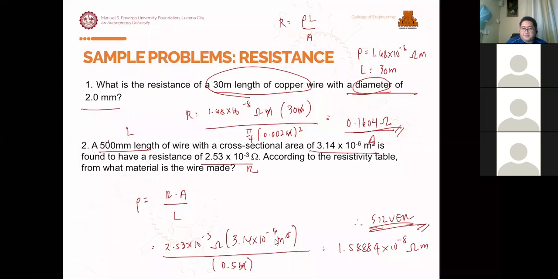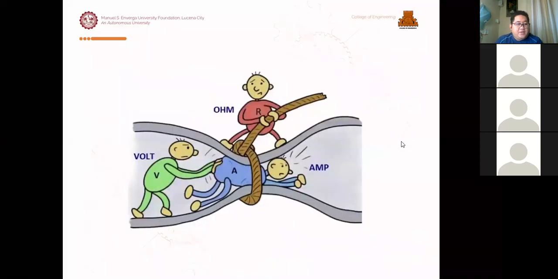Okay? Question regarding resistance? Okay? Wala na? So, if you don't have any more question, this ends our lecture for today.